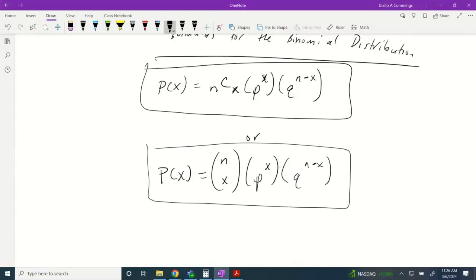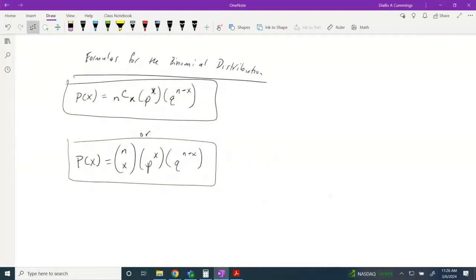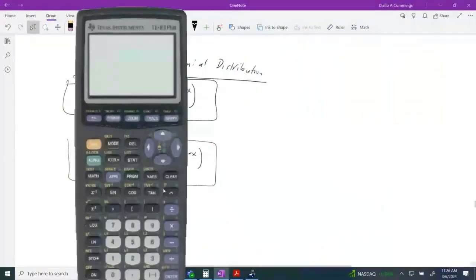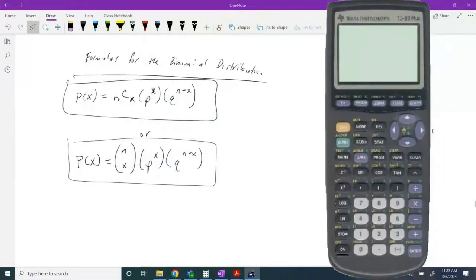Okay. Now we're actually going to use the binomial distribution formula in the calculator. So let me just bring up the calculator. All right. Okay, so we're going to use something we hadn't used before. On the third line in my calculator and above this vars, which is short for variables, you see distribution, D-I-S-T-R.